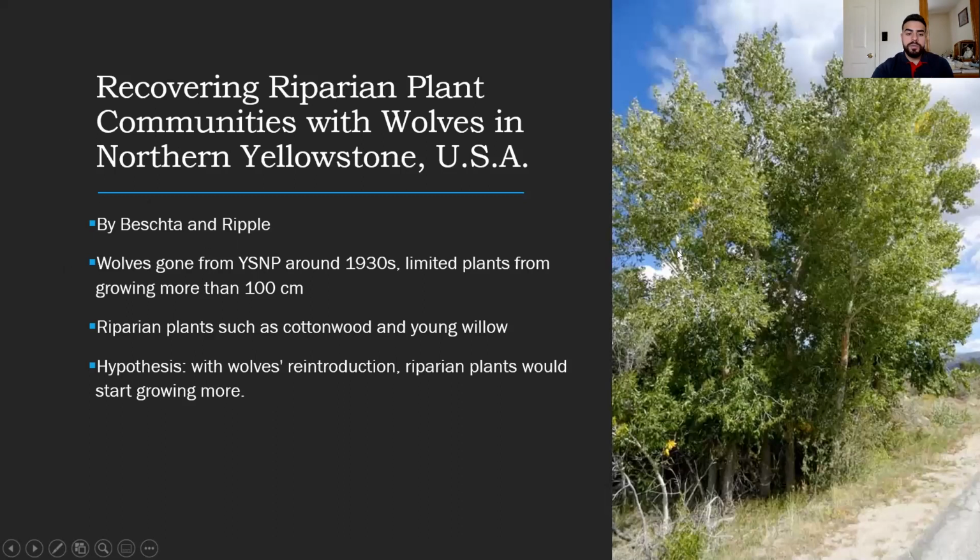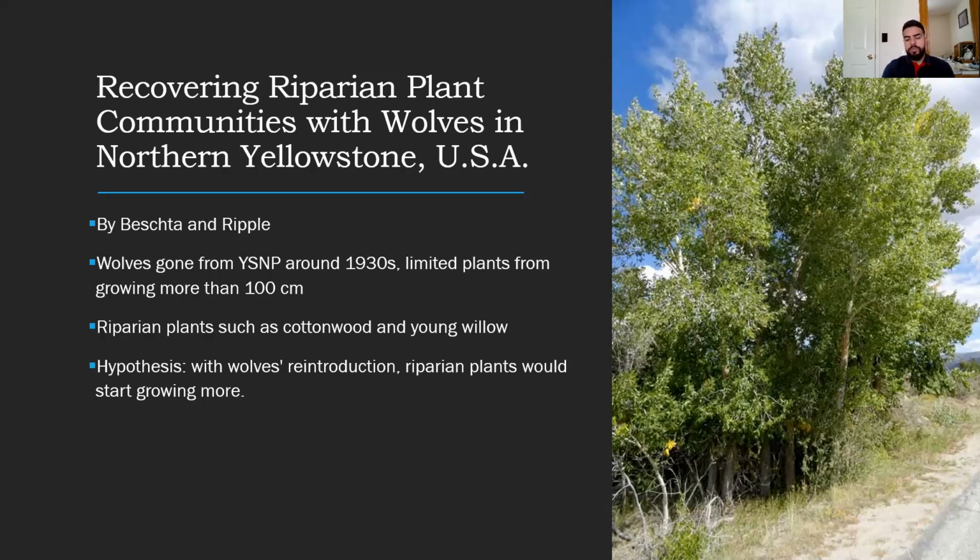And this actually leads me to a study by Beschta and Ripple, titled Recovering Riparian Plant Communities with Wolves in Northern Yellowstone. This was a study that focused on riparian plants and how their populations were affected by the removal and the reintroduction of wolves. Specifically, they focused on cottonwood and young willow plants.